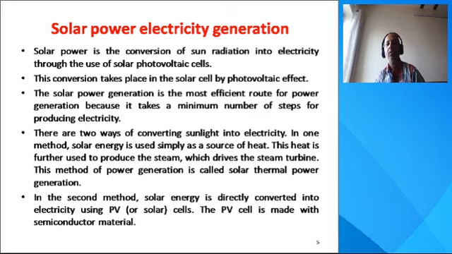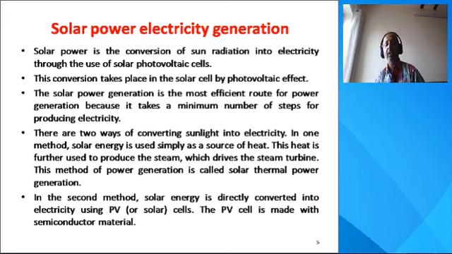Basically, there are two ways by which the solar energy can be converted into the electrical energy. One of the methods is converting the solar radiations into heat, and this heat is further used for production of the steam, and the steam drives the steam turbines. This method of power generation is called as solar thermal power generation method.